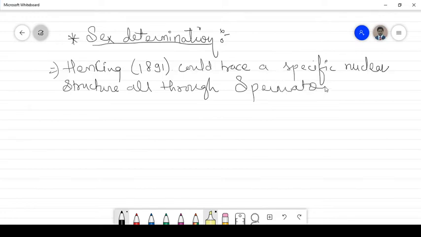Now, spermatogenesis means what? The process by which the sperms are produced in the insect.